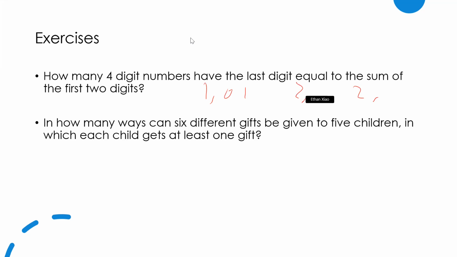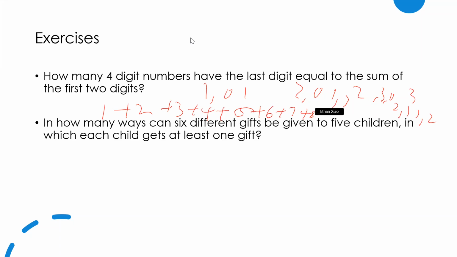For 2, we have 2, 0, and 1, 1. For 3, we have 3, 0, 2, 1, 1, 2, and so on and so forth until 9, which has 9 different sums. So for all the cases, 1 plus 2 plus 3 plus 4 plus 5 plus 6 plus 7 plus 8 plus 9, we get 45.